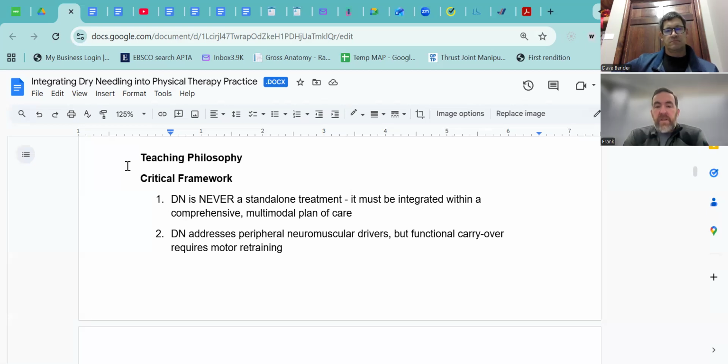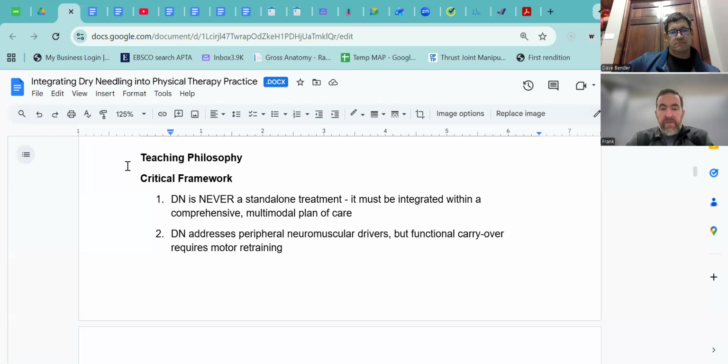It's best when it's integrated with a comprehensive multimodal plan of care: true diagnostics, good manual therapy skills, loading of tissues, and building up of functional capacity. As we have mentioned before, needling addresses those peripheral neuromuscular drivers, but we really need that functional carryover, and that's provided through motor retraining.